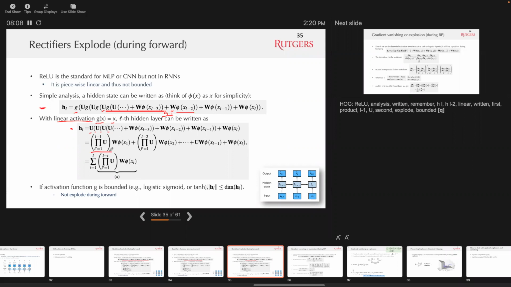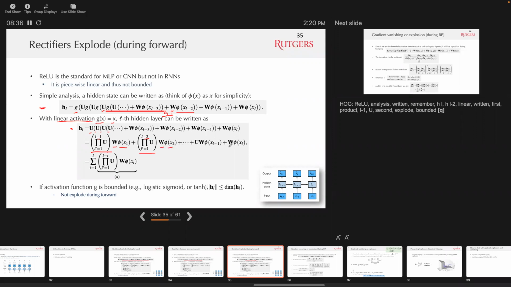These U's are actually the same matrix, you just multiply it many times. Here you multiply L minus 1 times, and then you multiply by W and X_1. This is your first term. For the second term you do something similar, only this time you multiply L minus 2 times, so one time less, and then times W and X_2, all the way.